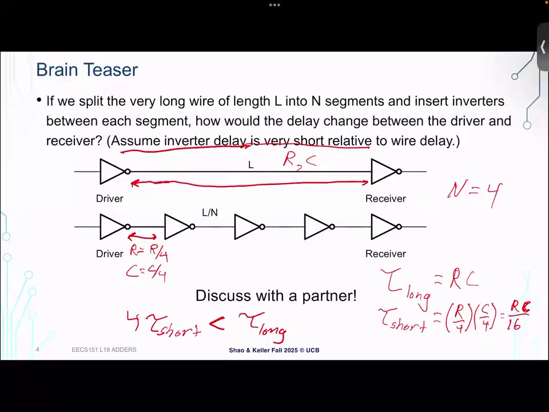And for any given process technology and standard cell design, there's a single optimum length, 100 microns or 200 microns at which you want to insert buffers. And for those of you in ASIC lab, if you look in your placed and routed design and you find a long wire, you will see buffers inserted every so often so that wire can traverse long distances.